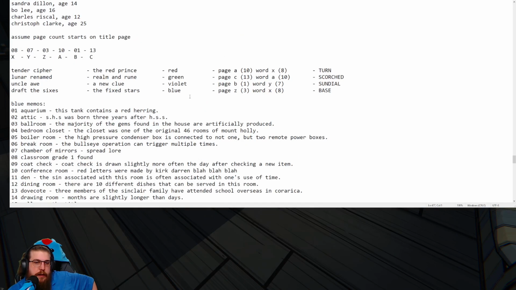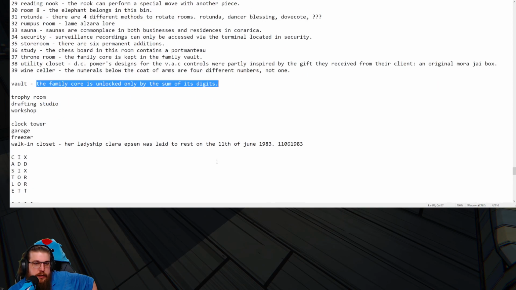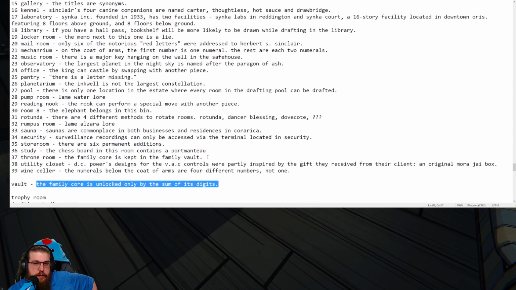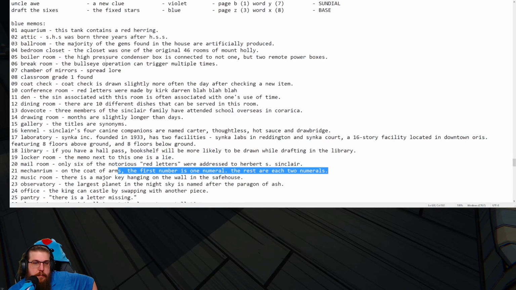I don't like the way the blue memos refer to a family core. The family core unlocked only by the sum of its digits. What was the other one that wasn't the mechanarium? On the coat of arms, I mean, it was helpful, but I had already sort of gotten to that point. I just didn't understand why the number mattered. What was the other one?